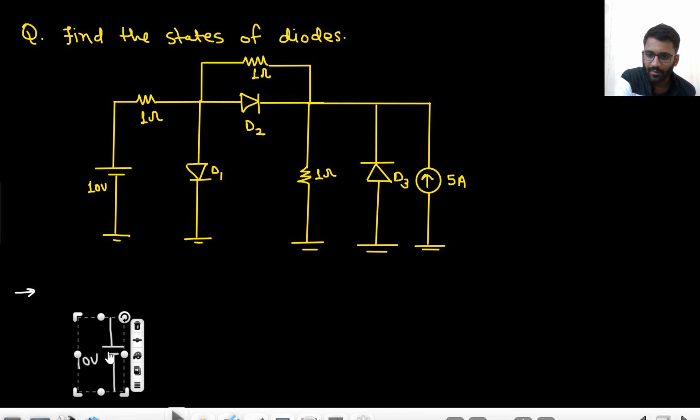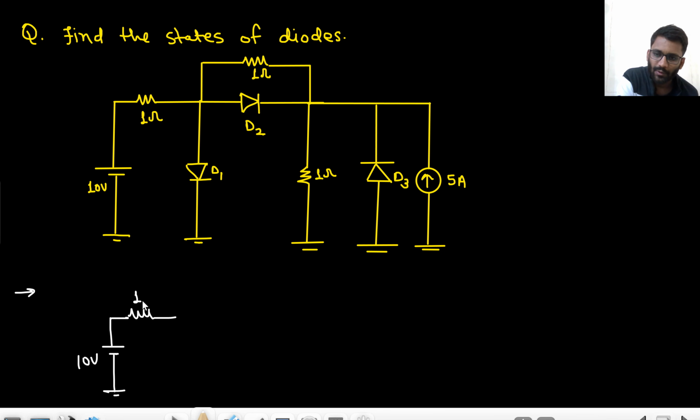Let me move it a bit down. This is 10 volt here. This is 1 ohm here. Here as well we have 1 ohm. Here as well we have 1 ohm.